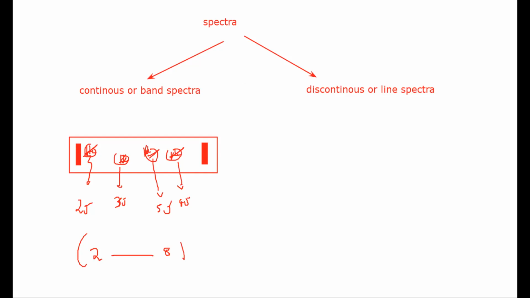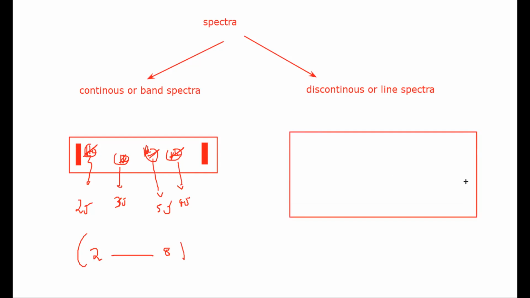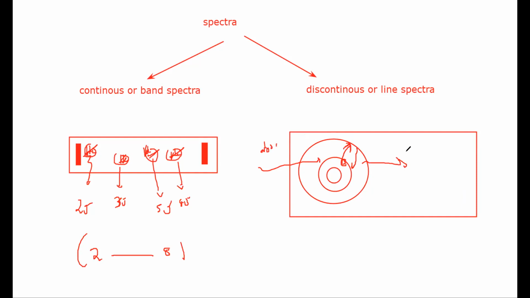But what is the discontinuous spectrum? In a discontinuous spectrum, it's at the atomic level. You have atoms, and these atoms contain electrons. When you supply energy, the electron will jump to a higher level. When the electron absorbs a certain energy and then returns back, it will emit that energy. But it will only emit a specific energy, not a range of energy, because the difference between the shells is different for different elements or atoms.